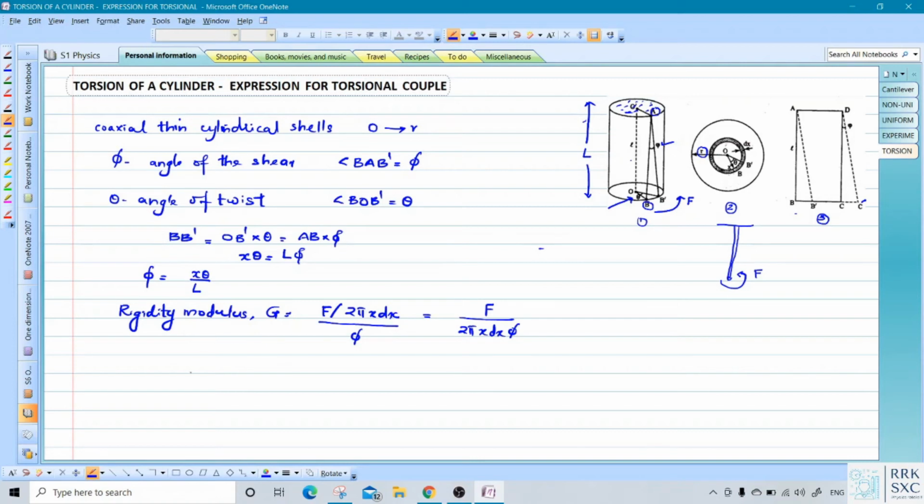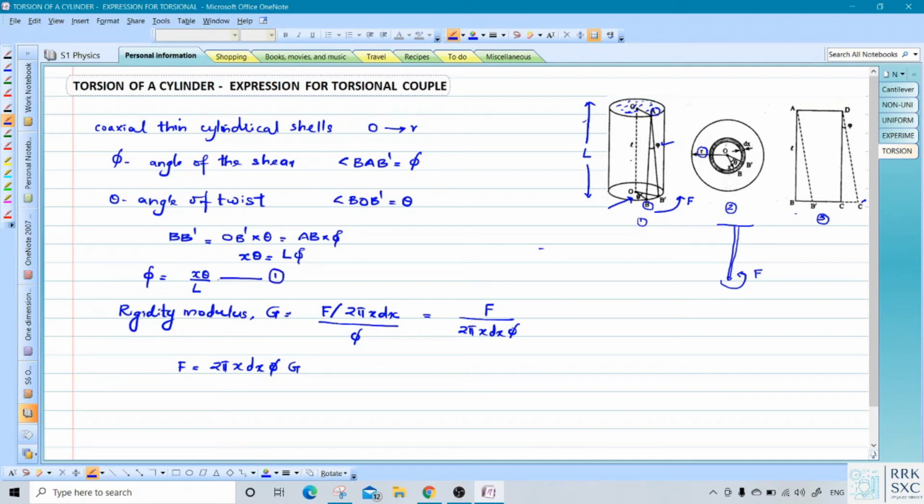Now let us write an expression for force from this equation. So force will be equal to 2 pi x dx phi into G. Now what is the expression for phi? You have an expression for phi; say this is equation number 1. You can mark it as equation number 1.